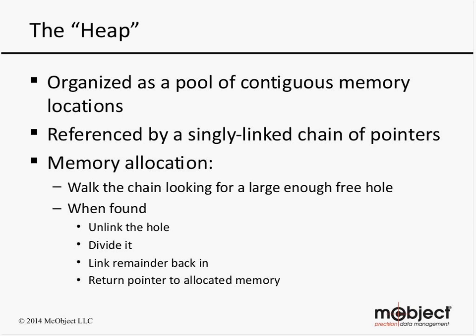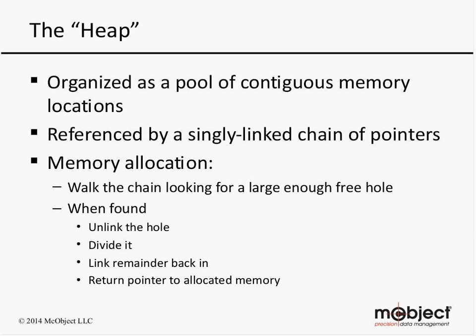And if the free hole is actually larger than the allocation request, then it's divided into the requested allocation size and the remainder, and that remainder gets linked back into the heap's chain of pointers. And then, of course, the allocated chunk gets sent to the application. Otherwise, if that free hole was exactly the right size, then the chain is just going to be updated to jump over that just-allocated memory.